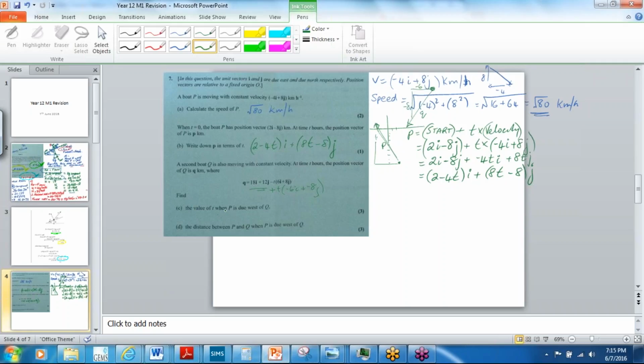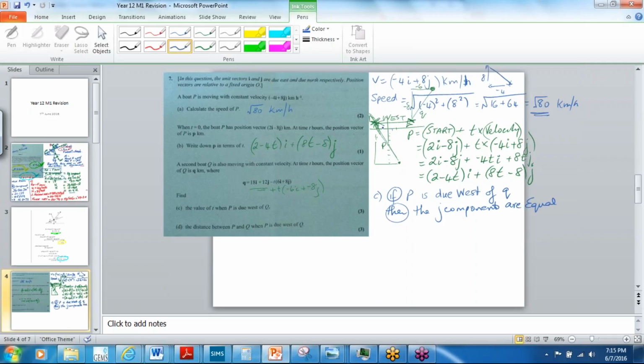Find the value of t when P is due west of Q. So at some point there is a position where P is due west of Q. That's west. Now the characteristic of being west means that, and I'll make a note here, if P is due west of Q, then the j components, or the y values, are equal.